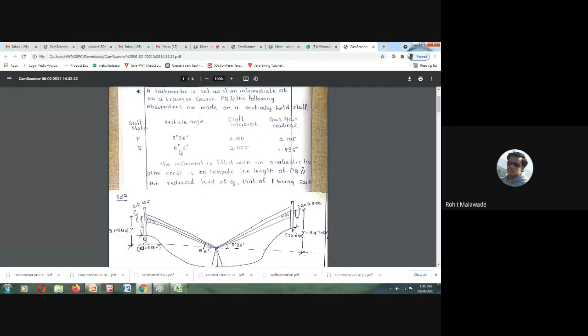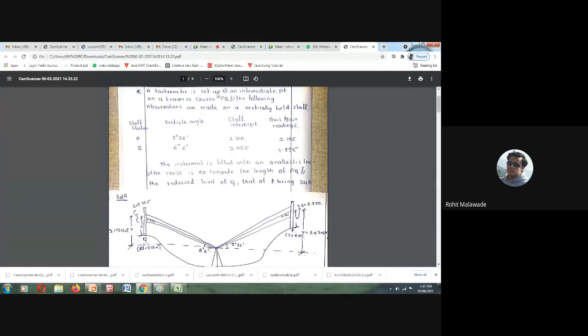From the instrument station, if you look at Q, you get an angle of 6 degree 6 minutes. The staff intercept S, the difference between the top stadia and bottom stadia reading, is 2.055, and the central axis hair reading is 1.895.